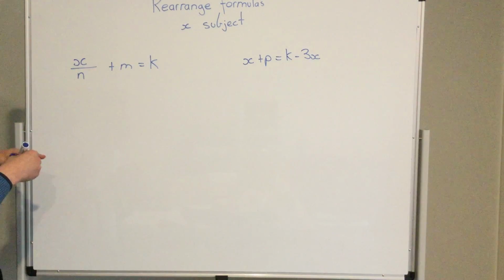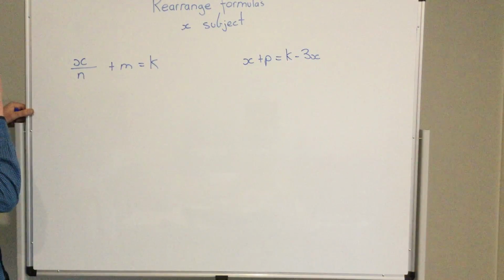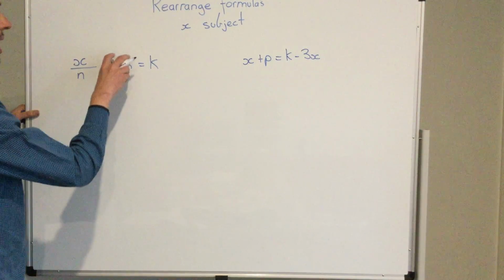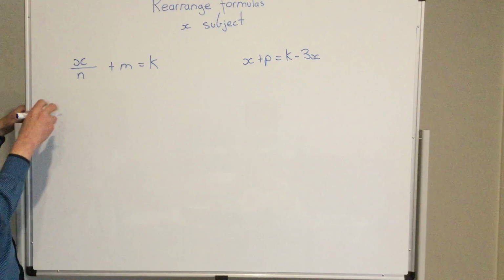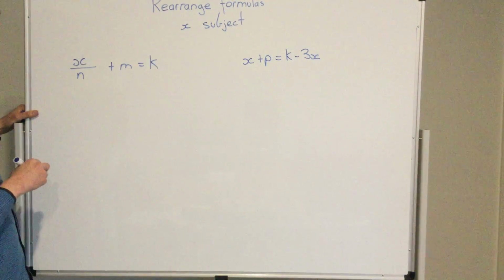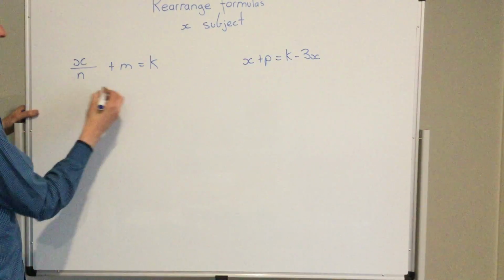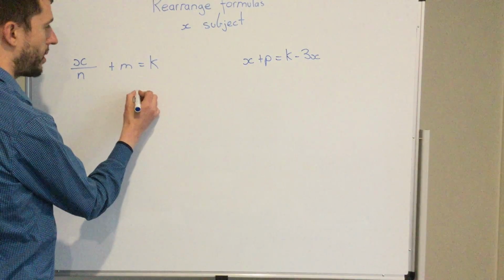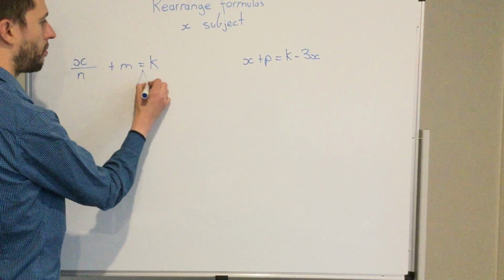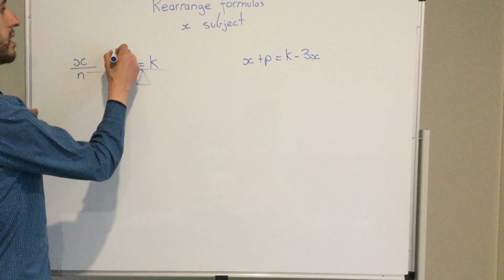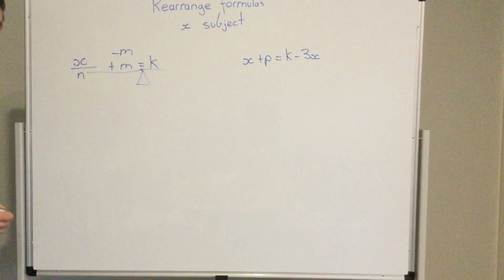So to do that, the first thing I need to think about is working backwards. I've got plus m by itself, so I can get rid of that to the other side. That would have been the last thing that I would have done. Just like our balancing beam, I need to take m from one side.